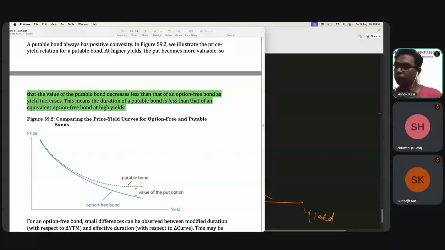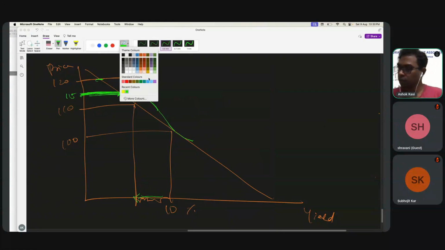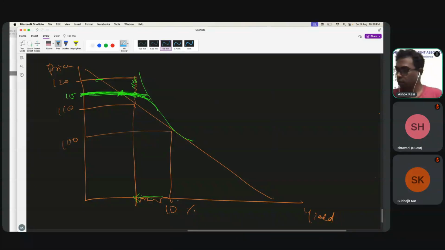Now, what if it is a puttable bond? A puttable bond always has positive convexity. Why always positive? Because when the interest rate is going up, the bond price will come down. Here it is supposed to come to 90.